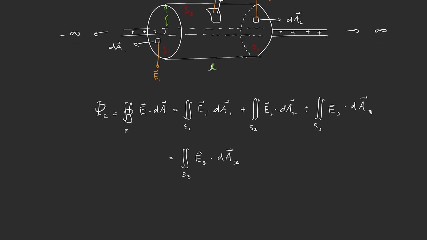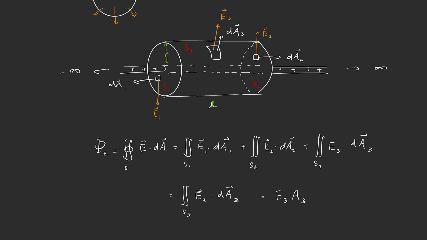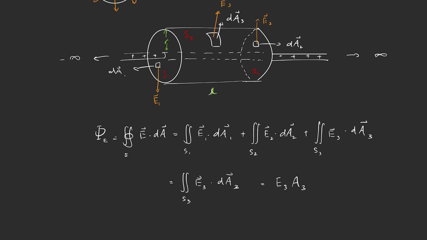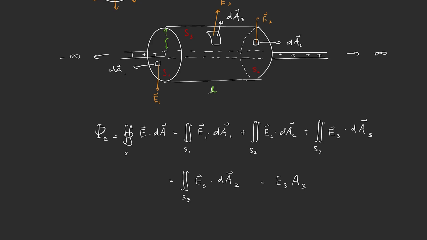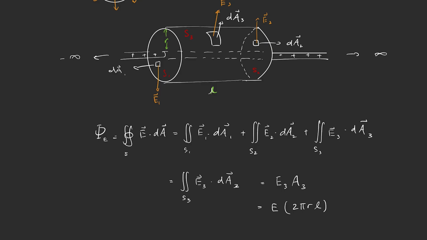If we think about it, what we really have here is that they're pointing in the same direction, in the way that we set up our Gaussian surface. That's important. You have to find a good surface to set up so that you have easy calculations. So this is simply the magnitude of the field times 2 pi r L, which is the formula for the outer wrapped surface of a cylinder.